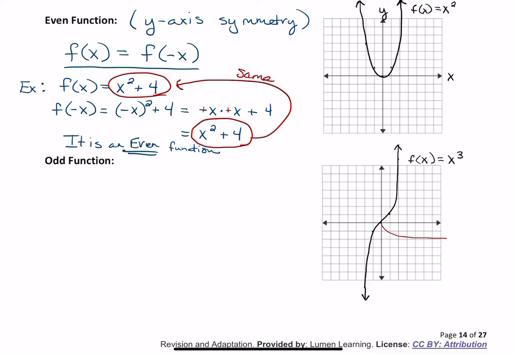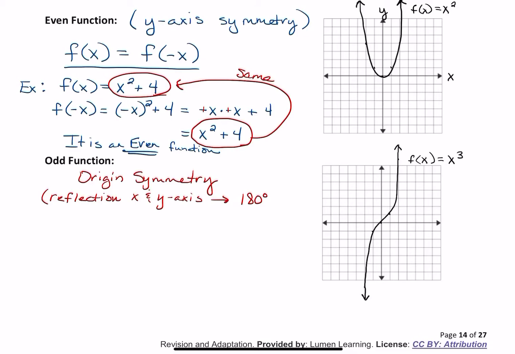So here, when we say an odd function, what we want to know is if it has origin symmetry. And origin symmetry is a reflection across both the x and the y axis, or it would be a rotation of 180 degrees.